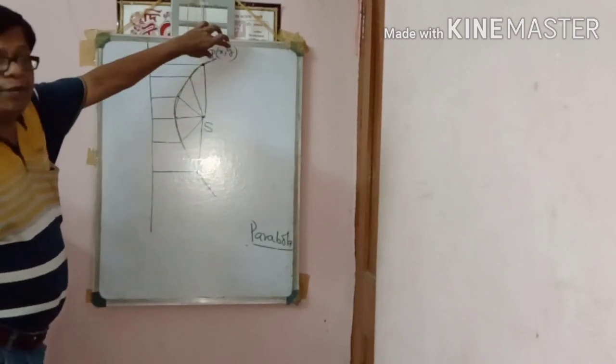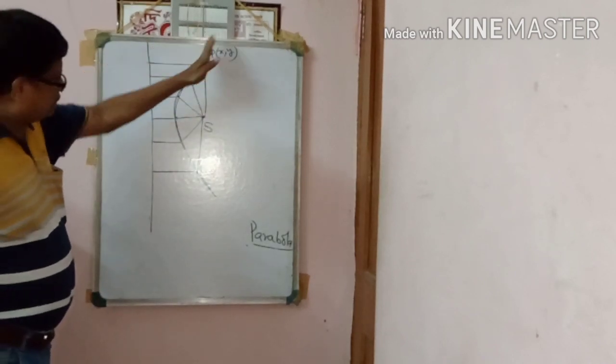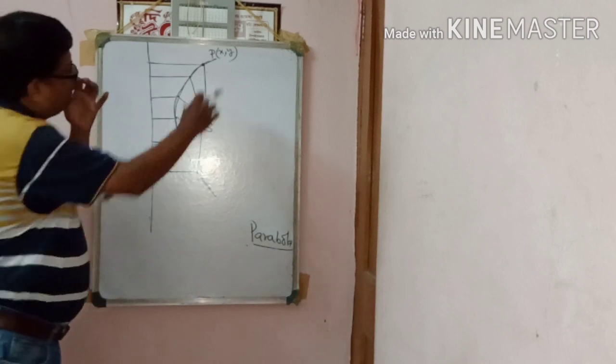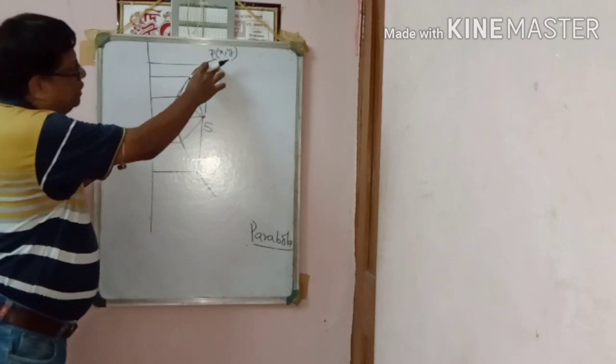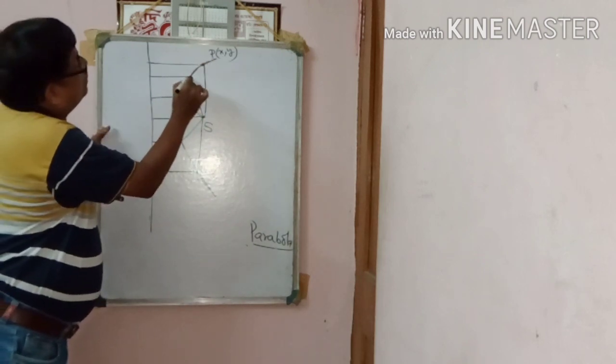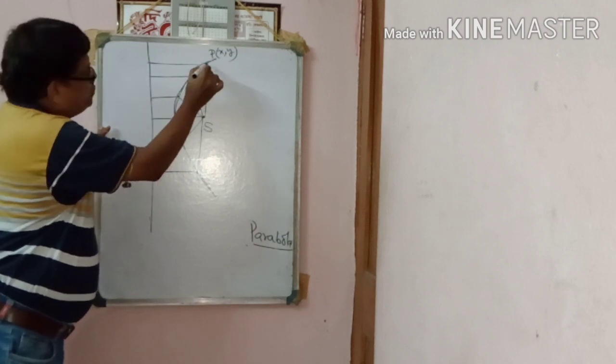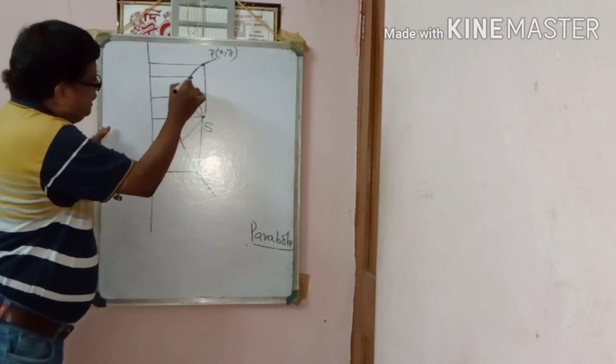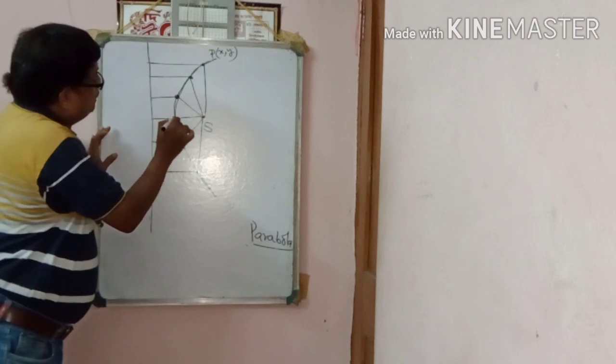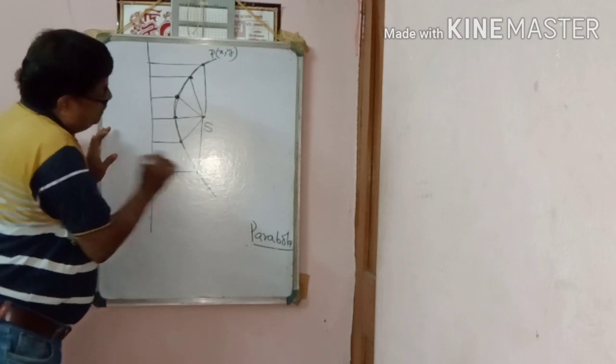The locus of the point P is the path covered by the point. Suppose this is the initial point here; the point moves here, again here, again here.